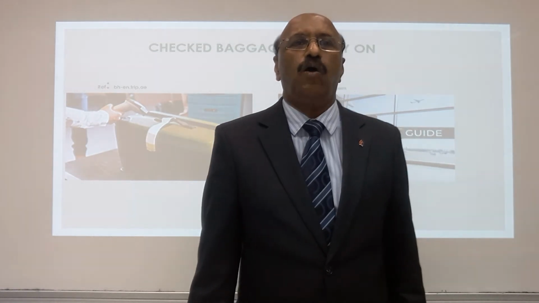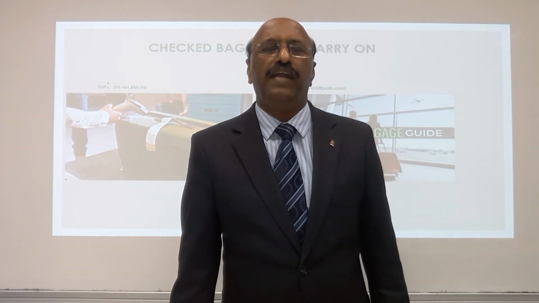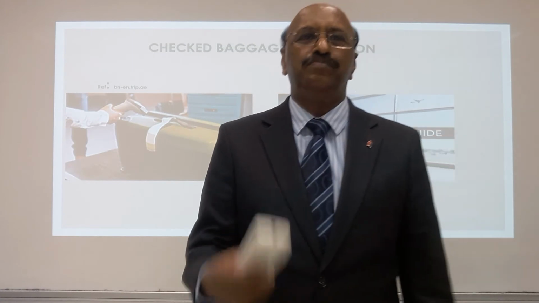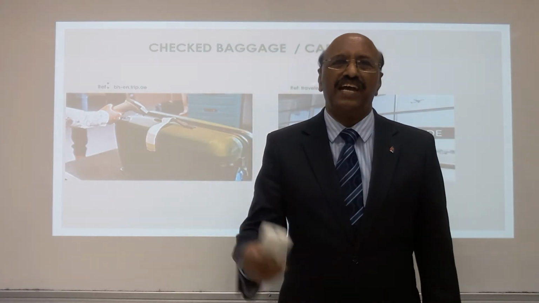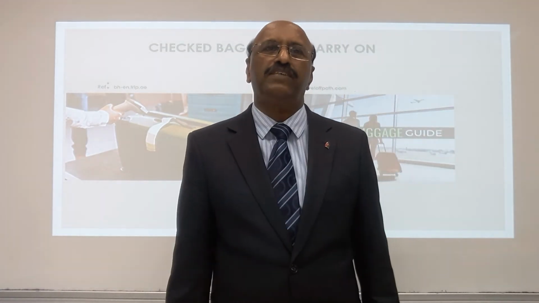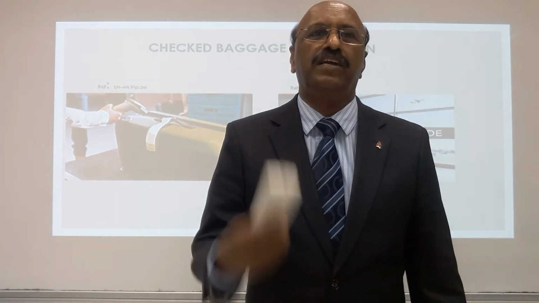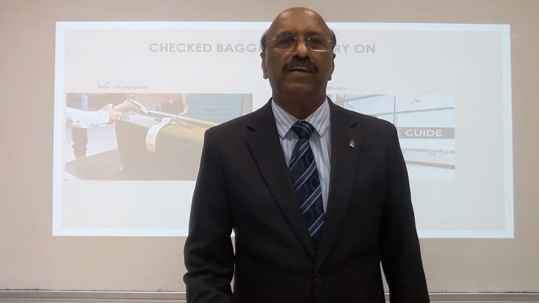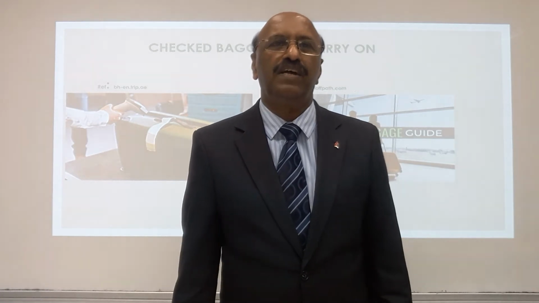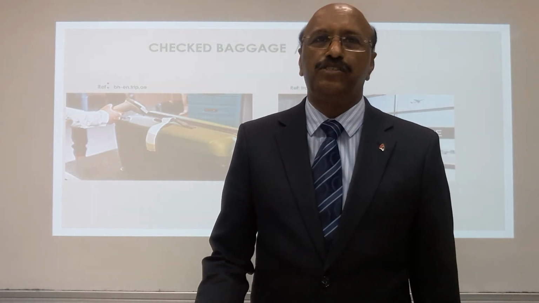And that is what is called checked baggage. And unchecked baggage is baggage that is taken into the aircraft by the passenger, and the passenger keeps custody of this baggage. It is also termed cabin baggage.